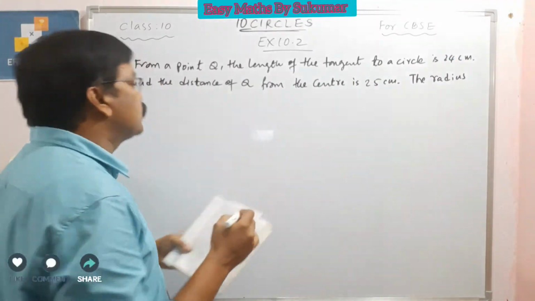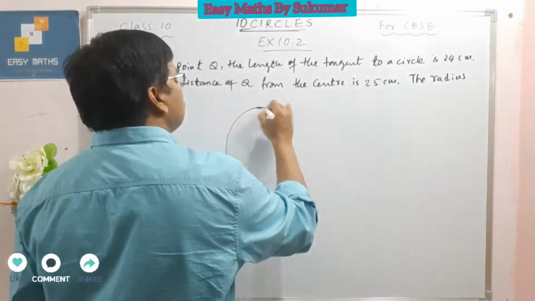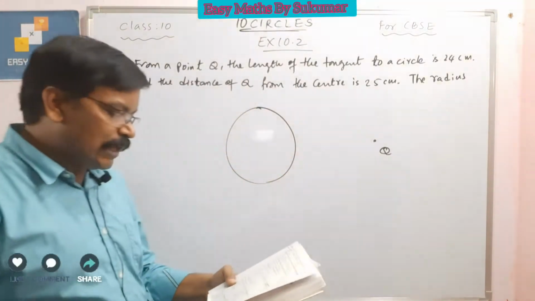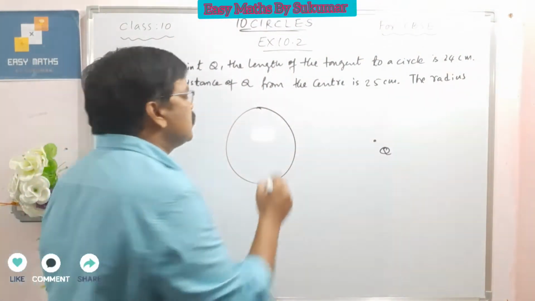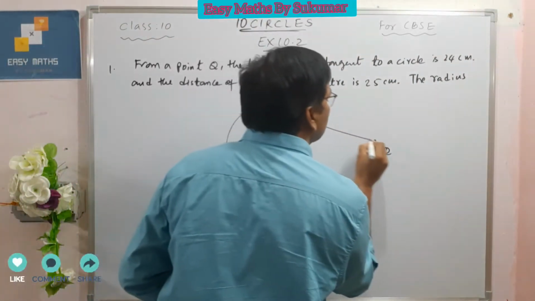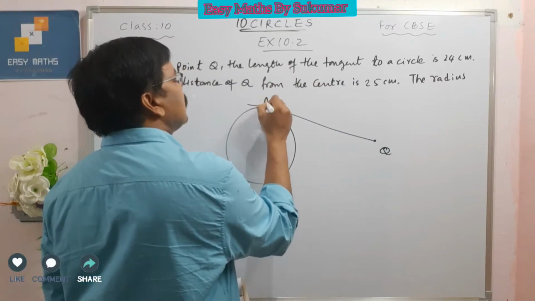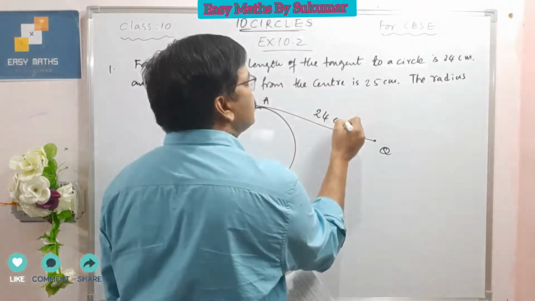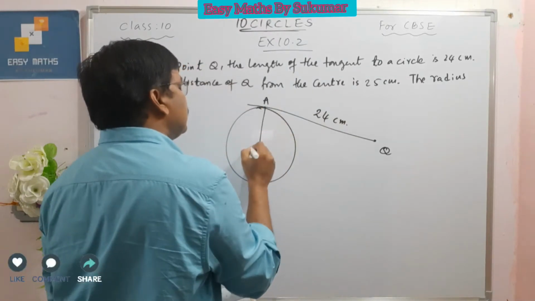From a point Q, here there is a point Q. The length of the tangent to a circle is 24 centimeters. That means this is the length of the tangent. So let it be A. This AQ is equal to 24 centimeters. Of course, this is the radius.